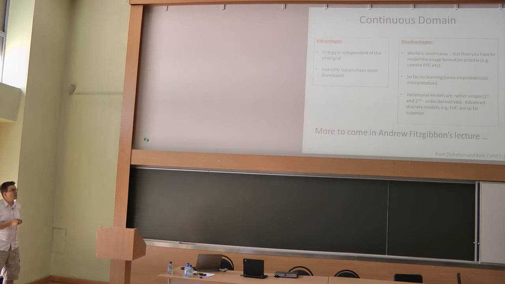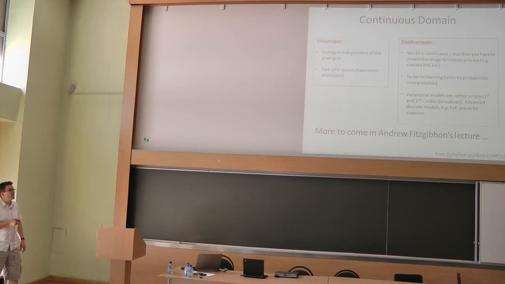Also the variational models are rather simple in the sense that they take first or second order derivatives. In that work they compared to the field of experts result, which is just a highly connected grid, which would be, I don't know what it means in the continuous domain, but might be something very highly connected. It's hard to say what it is, but it outperforms the continuous methods.